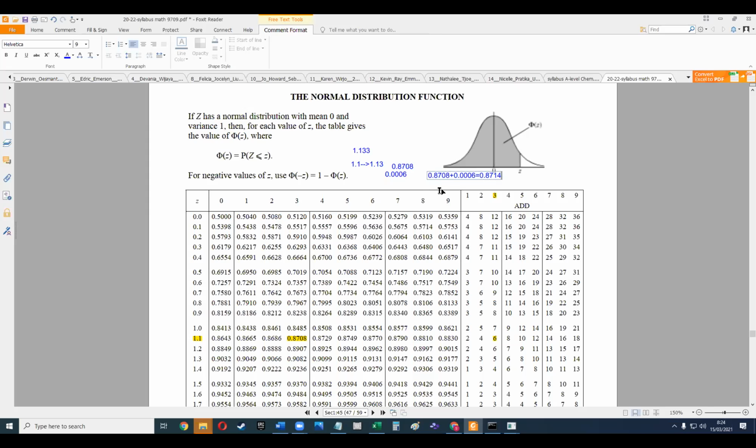Okay, so that is the proportion of the left-hand side here.